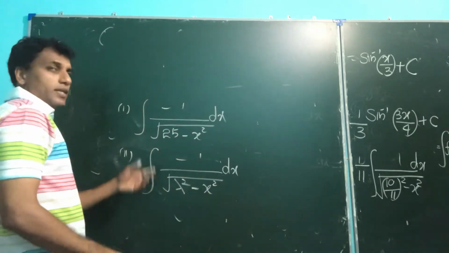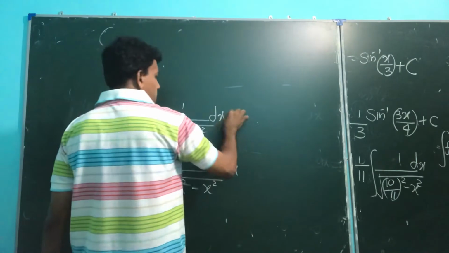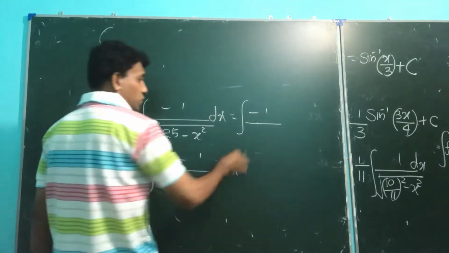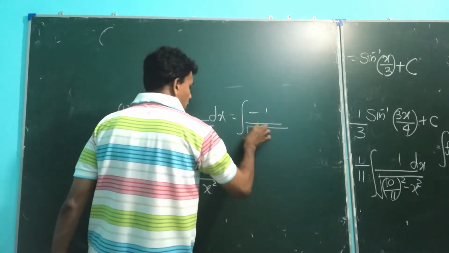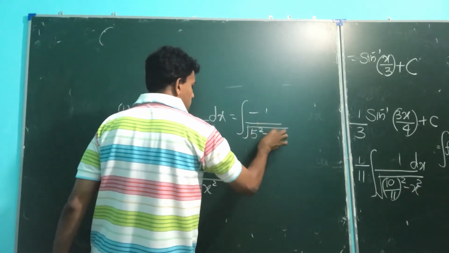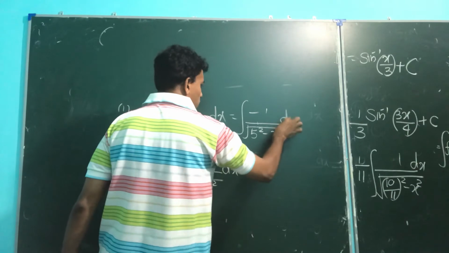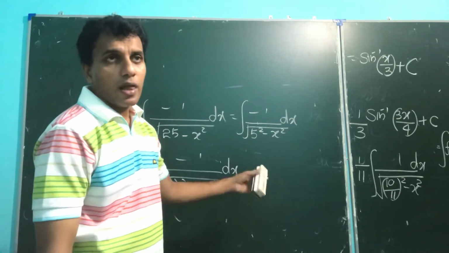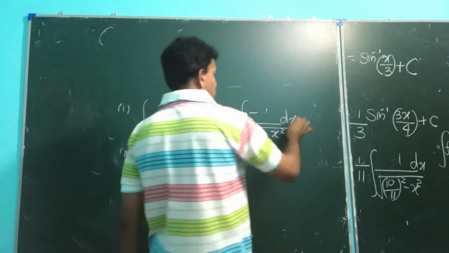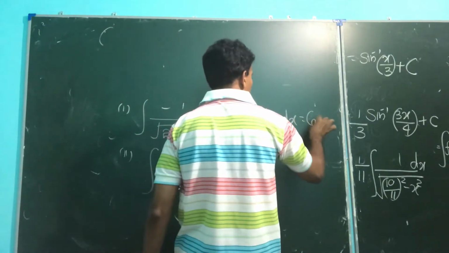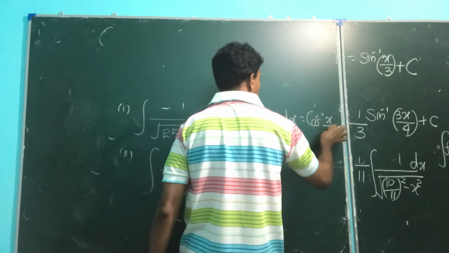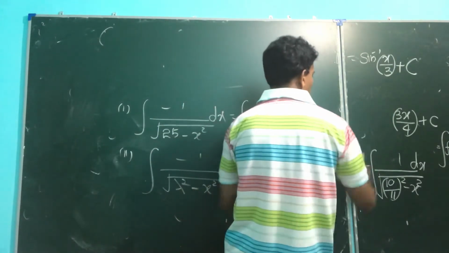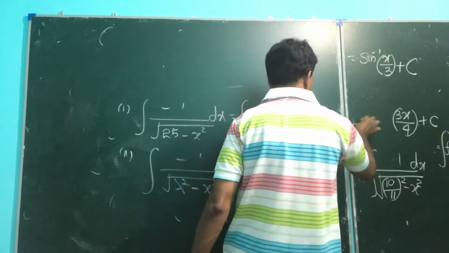For the first, this is the standard form: integral of minus 1 over square root of 5 square minus x square dx. So the answer is cos inverse x over 5 plus c, right? Don't miss that plus arbitrary constant plus c.